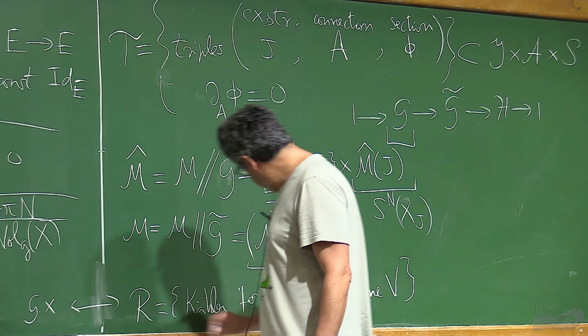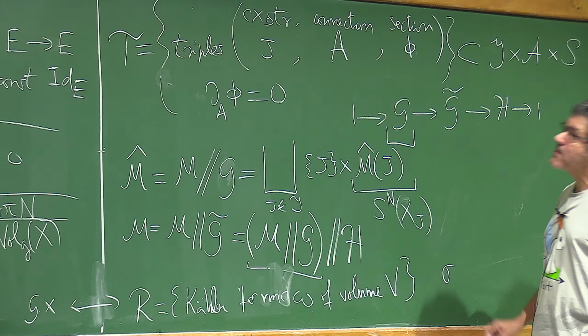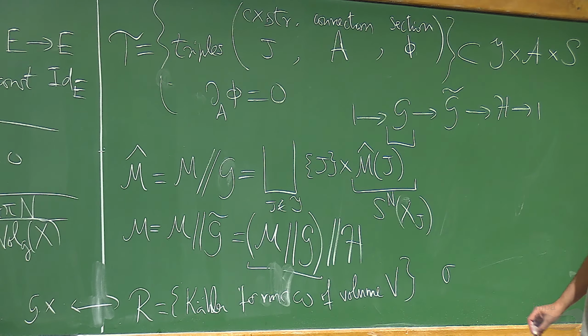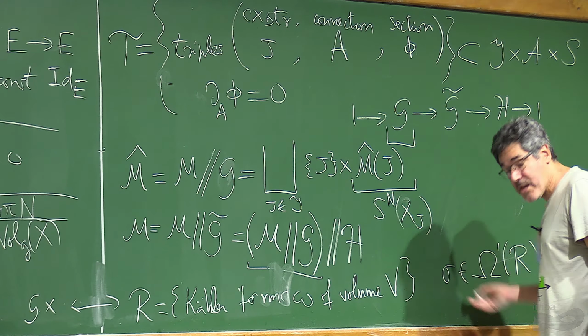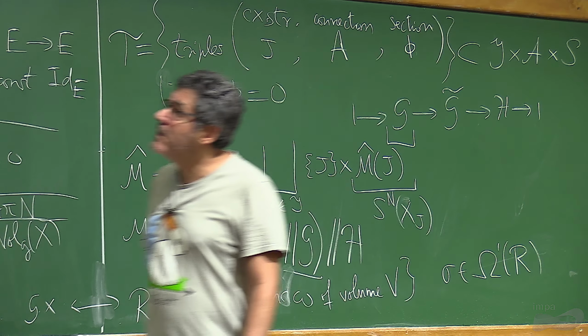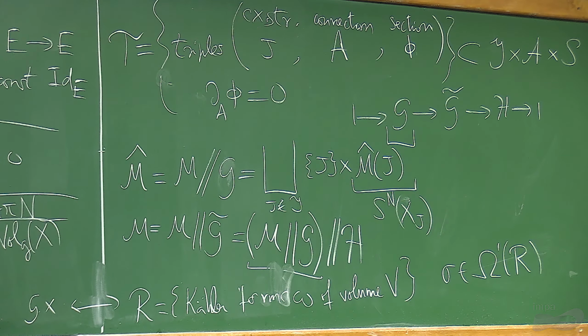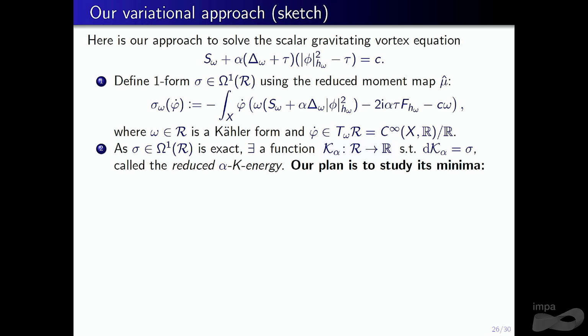I think I call it sigma. This is infinite dimensional, but it doesn't matter. It vanishes precisely on the points of R that are solutions to the moment map equation.